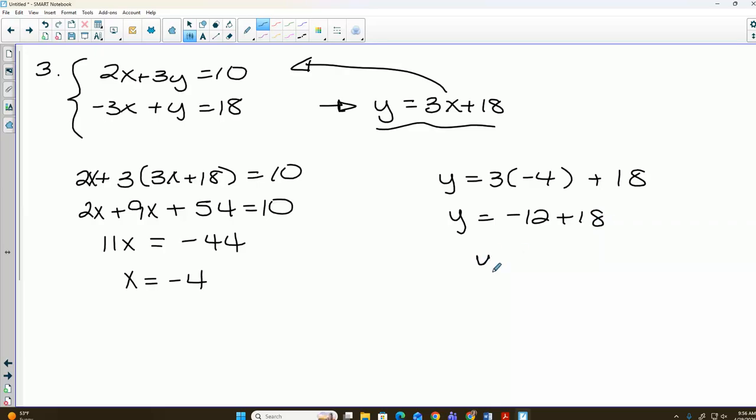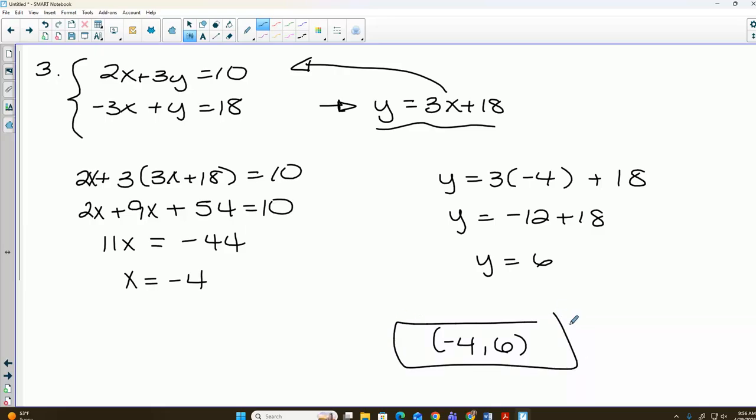So y is 6. So my answer is -4, 6. Fix things if needed as we're going through.